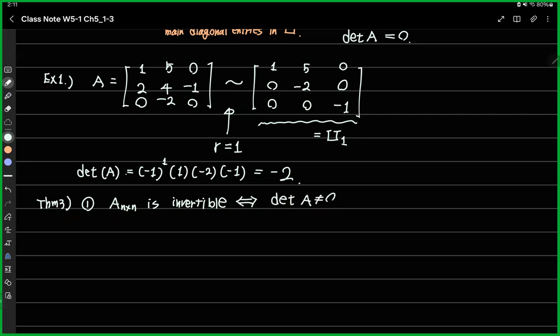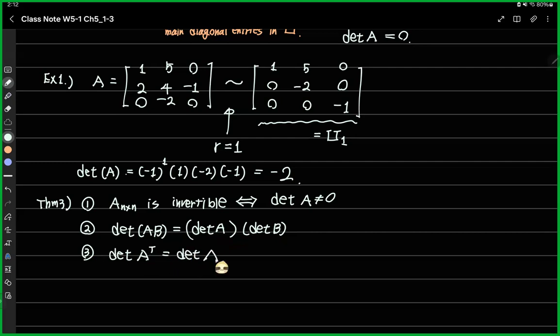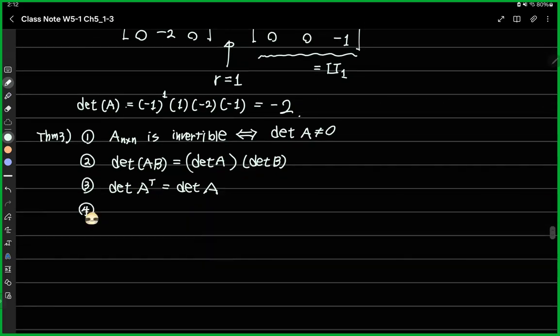Second, the determinant of AB is equal to the determinant of A times the determinant of B. Third, the determinant of A transpose is equal to the determinant of A. Keep that in mind. And the determinant of a triangular matrix is the product of the main diagonal entries, right?